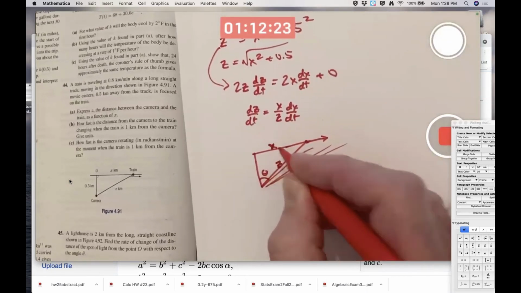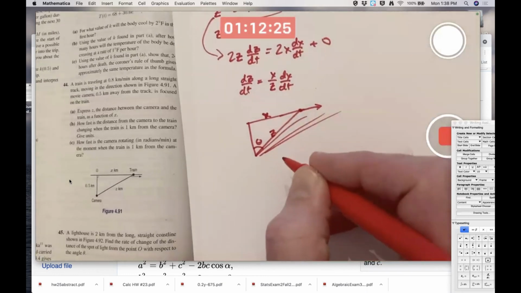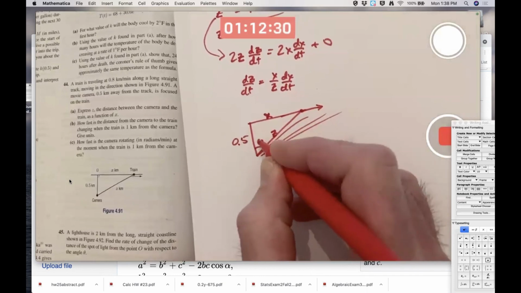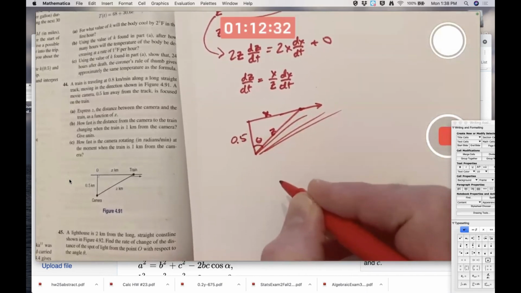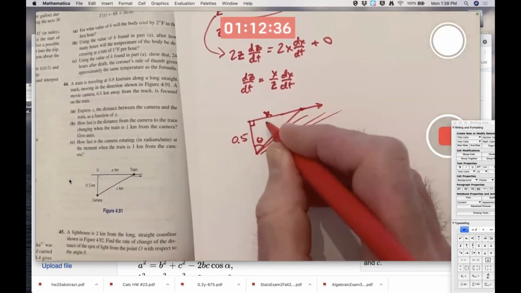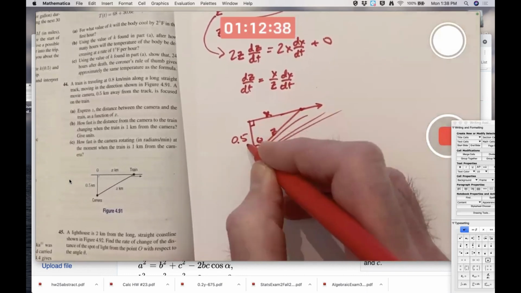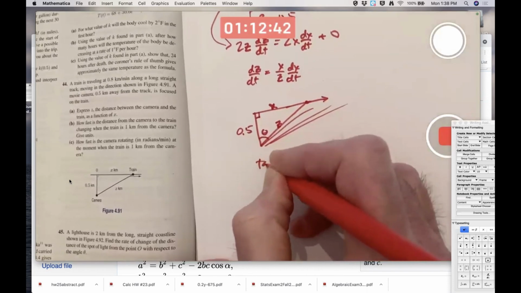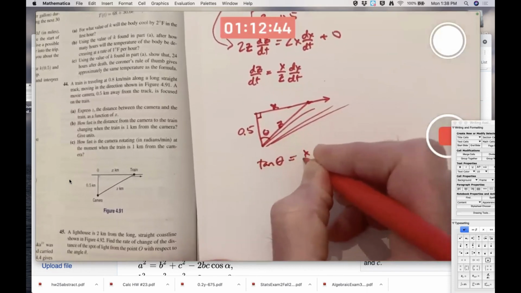So you need to relate theta to z and x, or maybe just one of them. And in fact, it's probably easiest just to relate it to x. SOHCAHTOA, that's the opposite side. This is the adjacent side. Probably want to use the fact that the tangent of theta is x over 0.5.